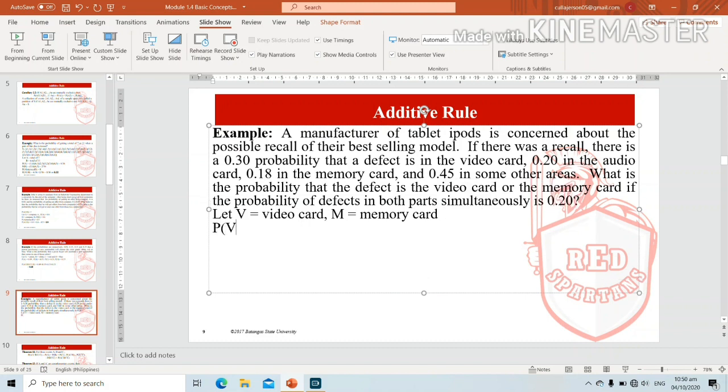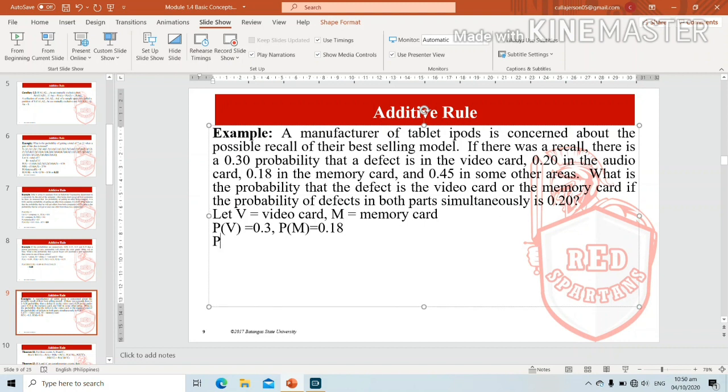Kunin lang natin yung probability ng video card. Ang probability ng video card is 0.3. Then, probability natin ng memory card is 0.18. Then, yung intersection ng video card and memory card, ito yung tinutukoy dito, 0.20.